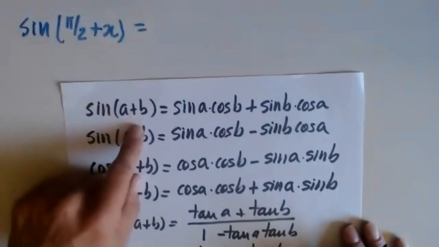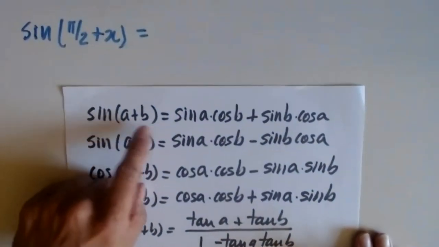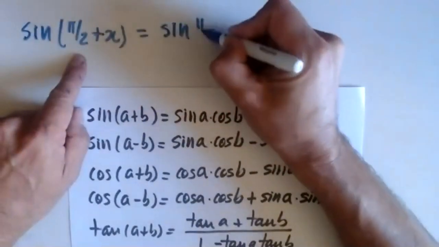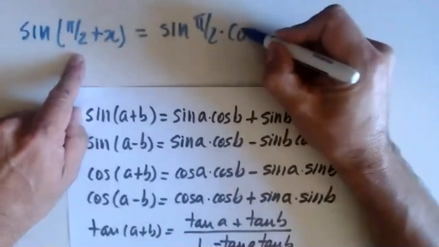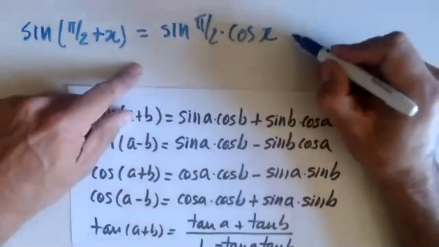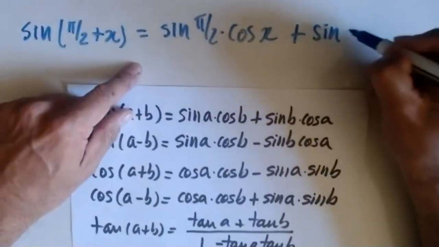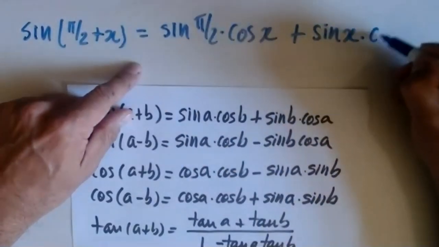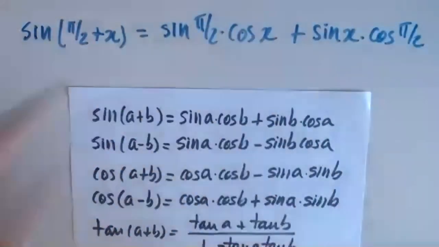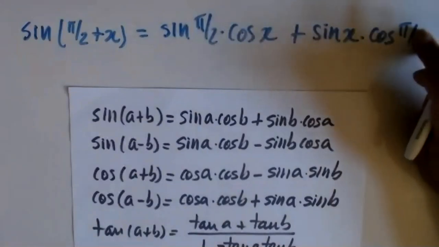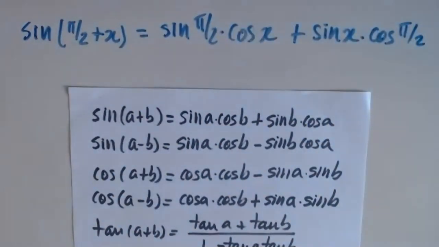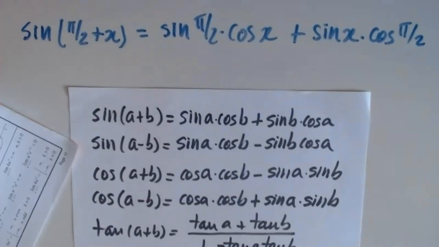Sine of a plus b, you see the plus here, so what you have to do is the sine of the first times the cosine of the second plus the sine of the second times the cosine of the first, correct?